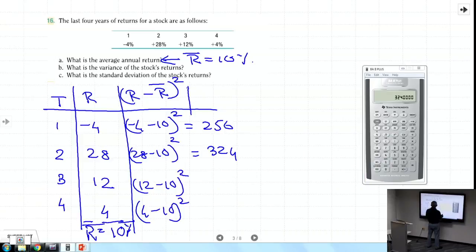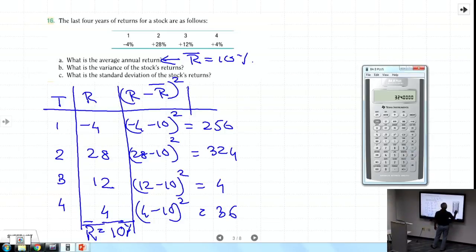And 12 minus 10 is 2. 2 squared is 4. And 4 minus 10, that's -6. 6 squared is 36. So 324 plus 256 plus 4 plus 36. So that gives me 620.